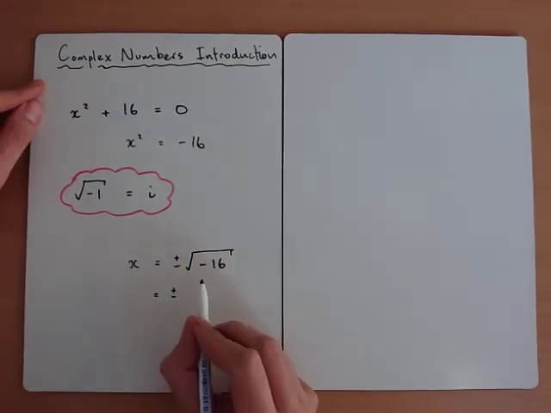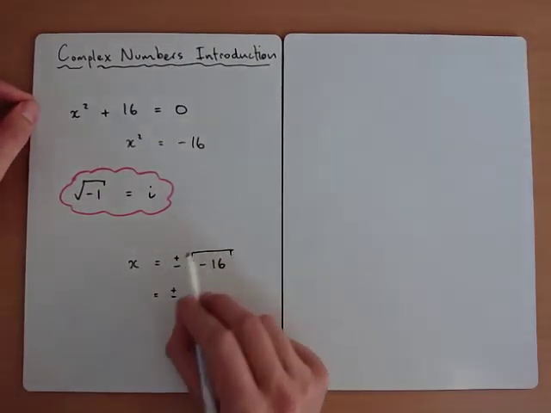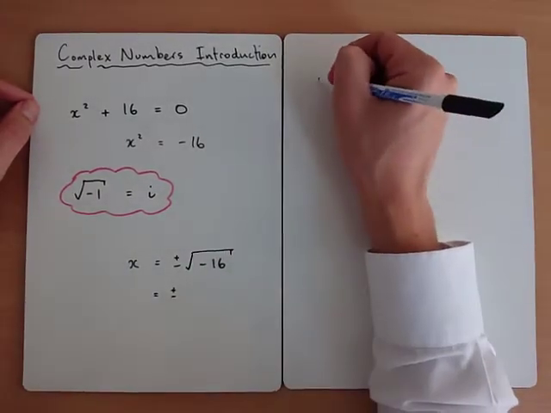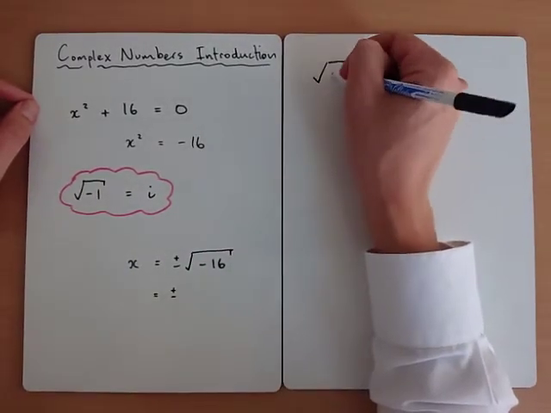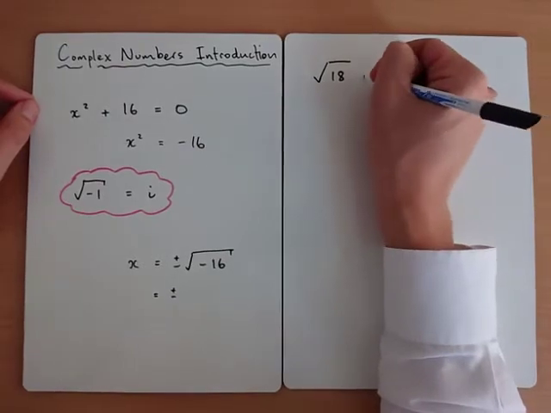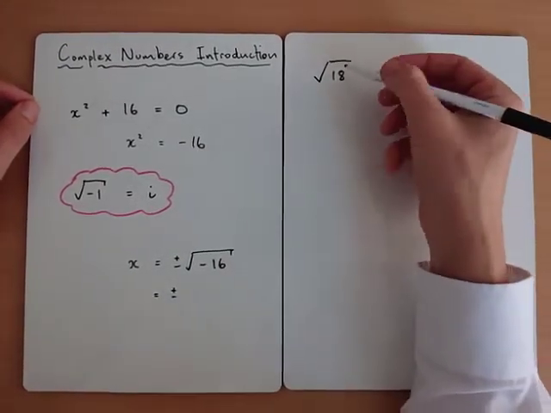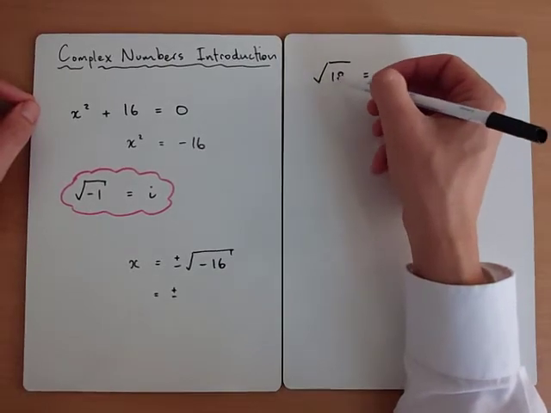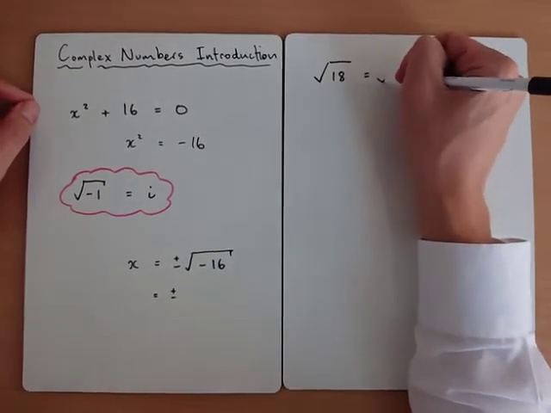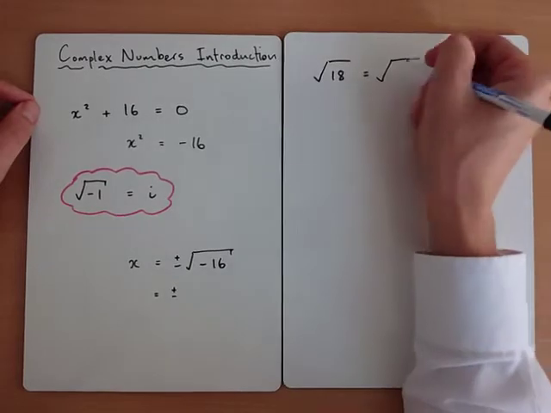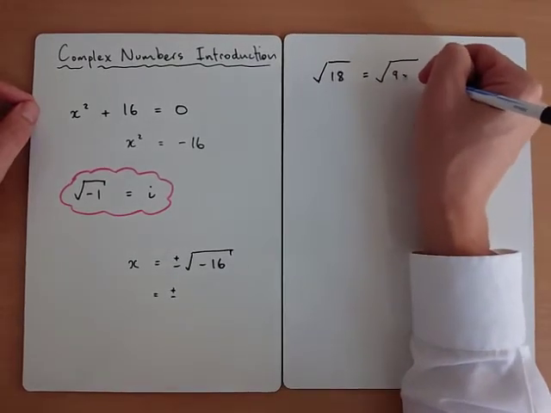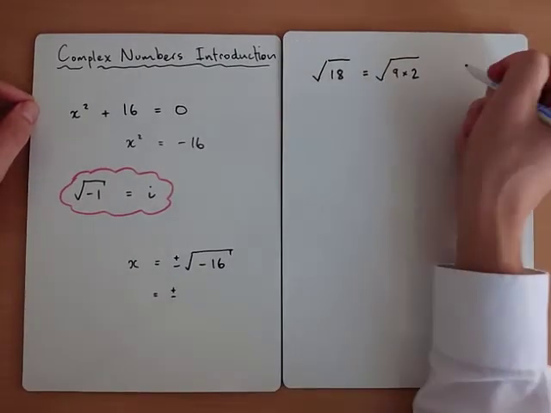let's actually, before we do this, I'm going to give you a little recap on surds. So imagine if we had the square root of 18. Remember, a really important property with surds is if that number inside is a product, we can write it as the square root of 9 times 2.